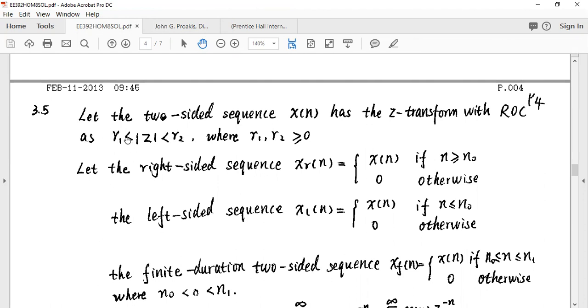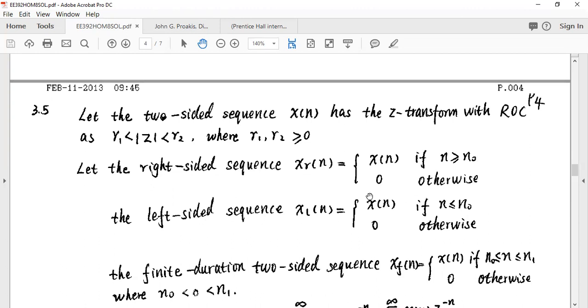R1 and R2 are the radii, where R1 and R2 are greater than or equal to 0. This is just a condition that you have to assume. The right-sided sequence, where R and L denote the right-sided and left-sided sequence, is equal to x of n if n is greater than or equal to n naught, or 0 otherwise.